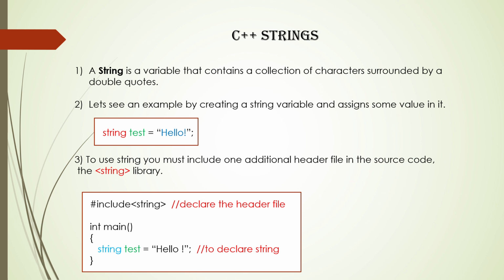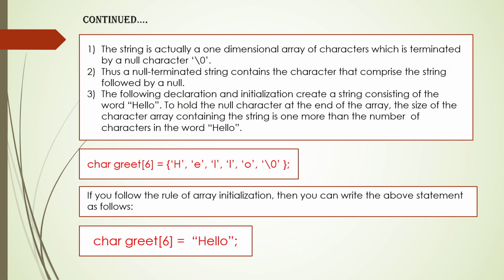Now there are some main points you must know about strings. Since a string is a collection of characters terminated by a null character, represented by a backslash and 0, whenever you declare a string it is already terminated by a null character. Suppose you have declared the string hello.